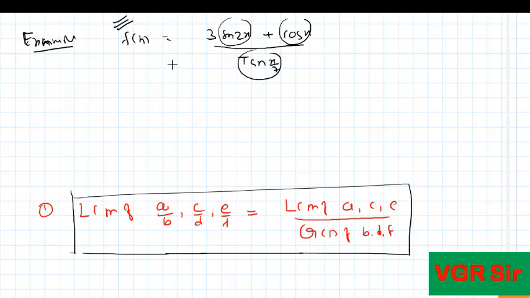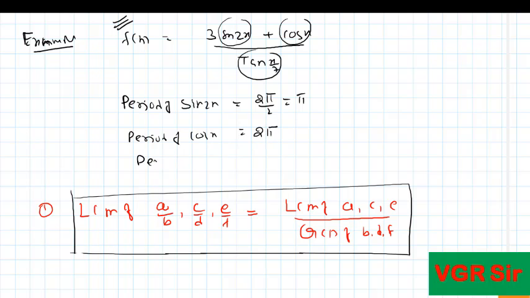Now I want to find the period of f of x, that is, the period of each function. The period of sin 2x is 2 pi, the fundamental period, divided by the x coefficient 2, that is pi. The period of cos x is 2 pi only.